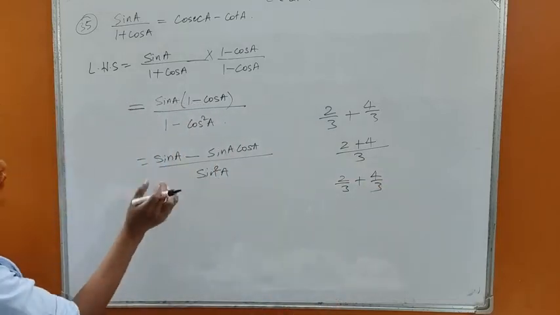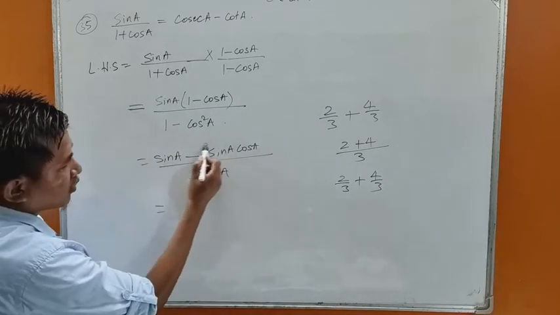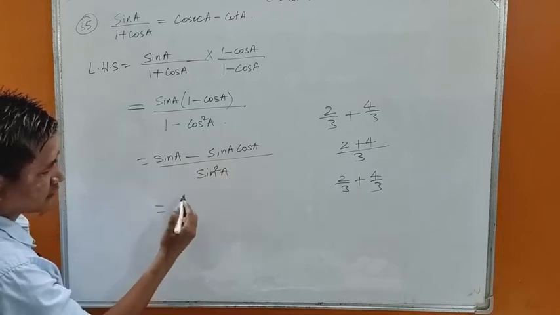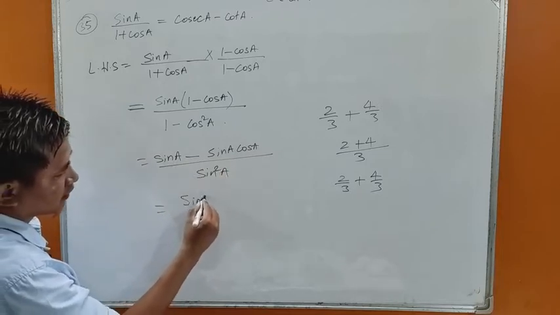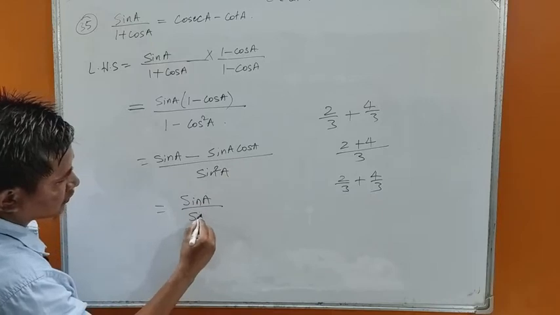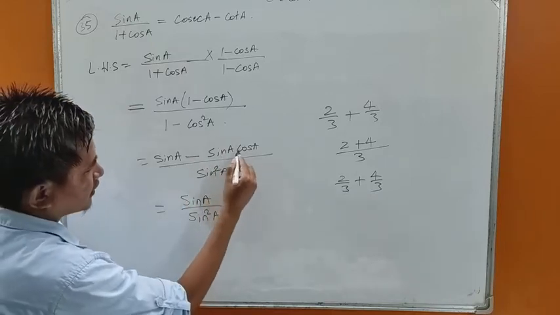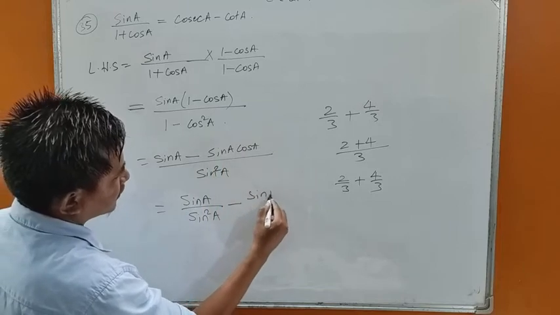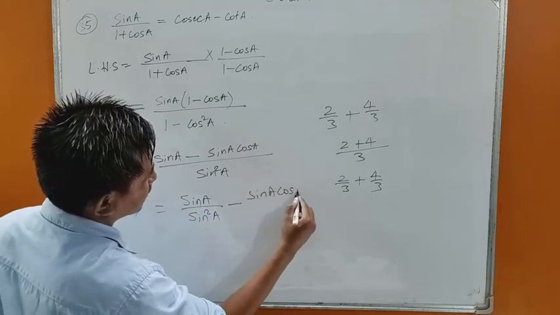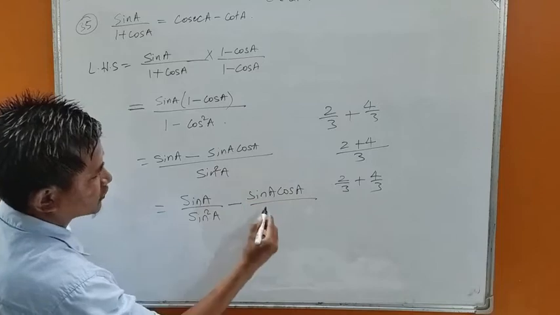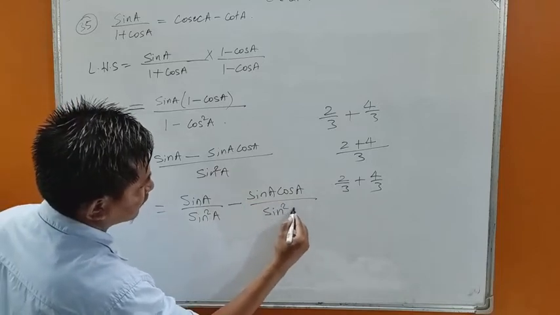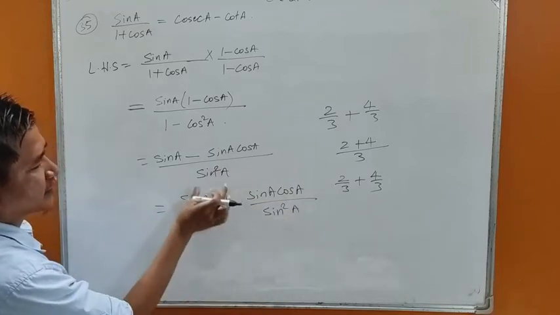The same thing I am doing here, okay? This whole number is divided by sin square A. That means sin A by sin square A minus sin A cos A by sin square A. Sin square A is taken as LCM here.